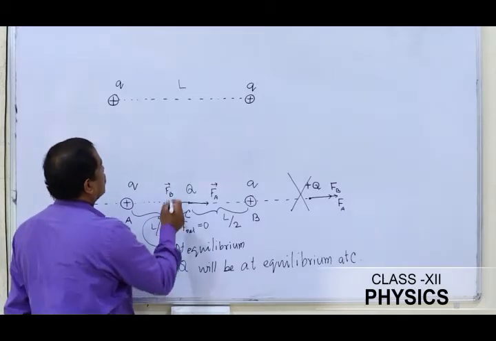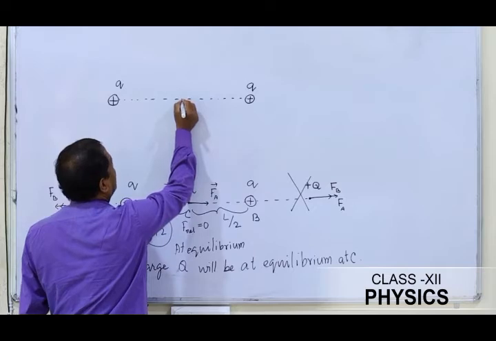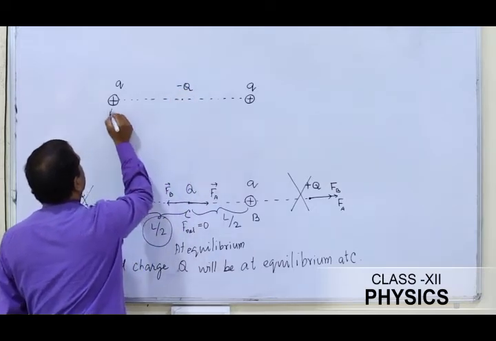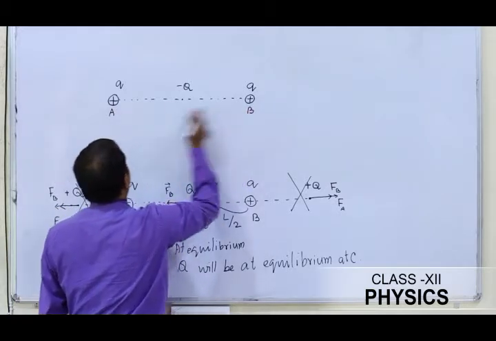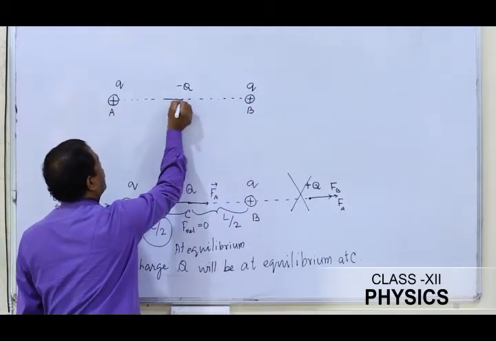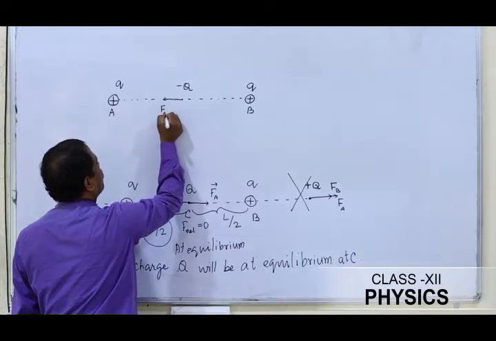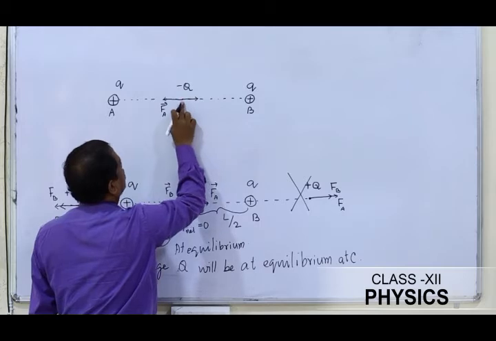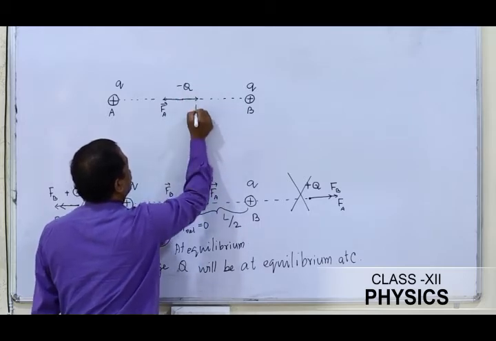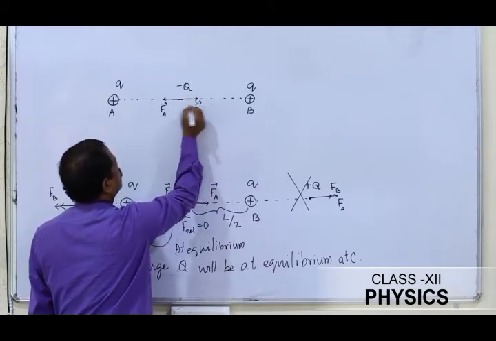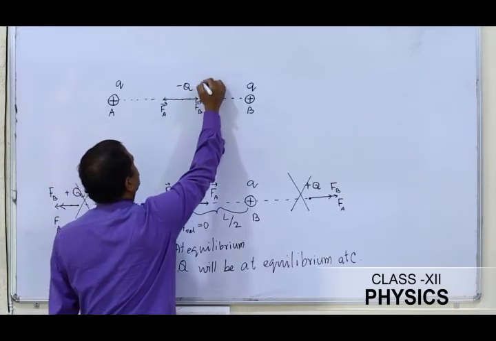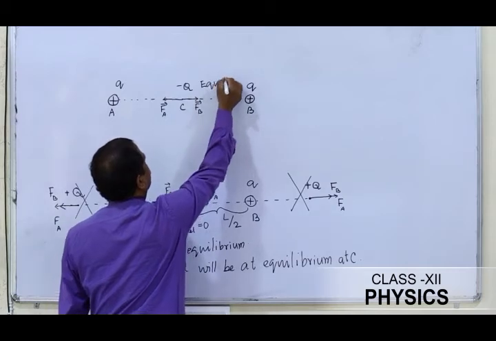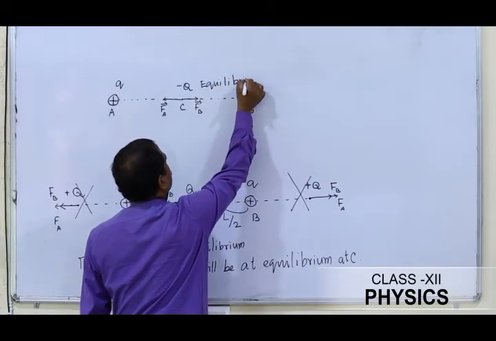In that case, if I place a minus Q charge exactly at the center, then I'll find that the charge at A will exert an attractive force Fa in this direction, and the charge at B will exert an attractive force on minus Q, Fb, and these two will be equal. Again, the minus Q charge will also be at equilibrium at this point C.